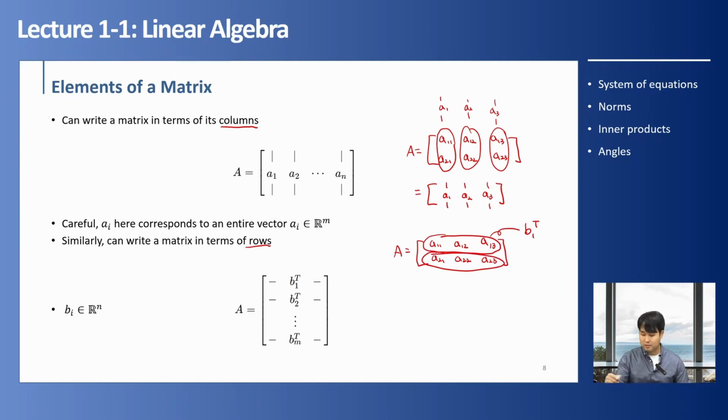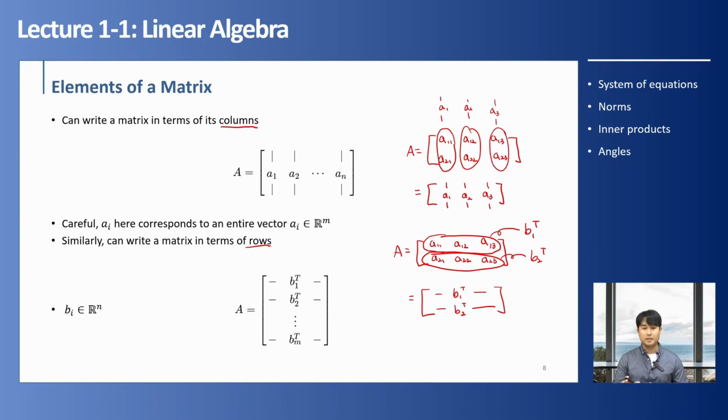The same holds true for the second row. A can be seen as a collection of transposed row vectors. So here are two different ways we can represent our matrices. This is an important concept, so I'll be revisiting it later.